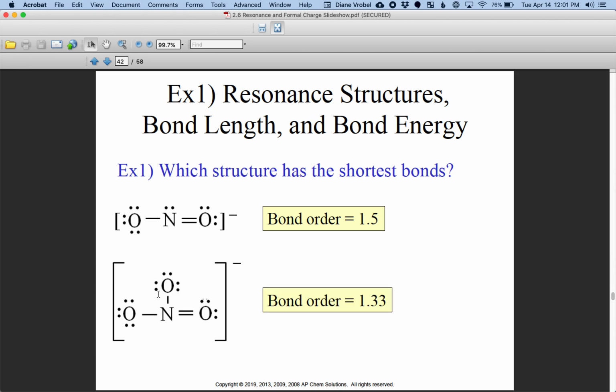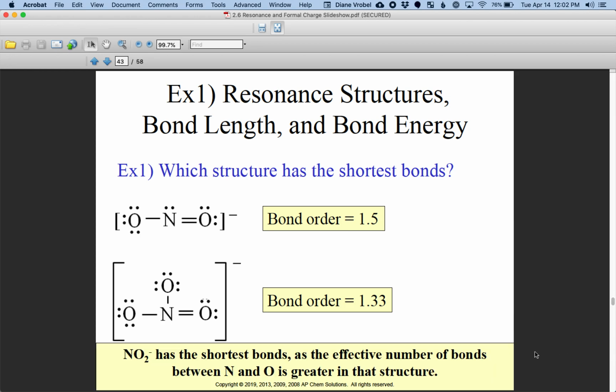And then here we have a total of 4 bonds, and there's 3 sets. So 4 divided by 3 is a bond order of 1.3. Now, please remember, you want to pick the higher number, not the lower number. So you would argue that NO2 minus has the shorter bond because its effective bond order is 1.5.